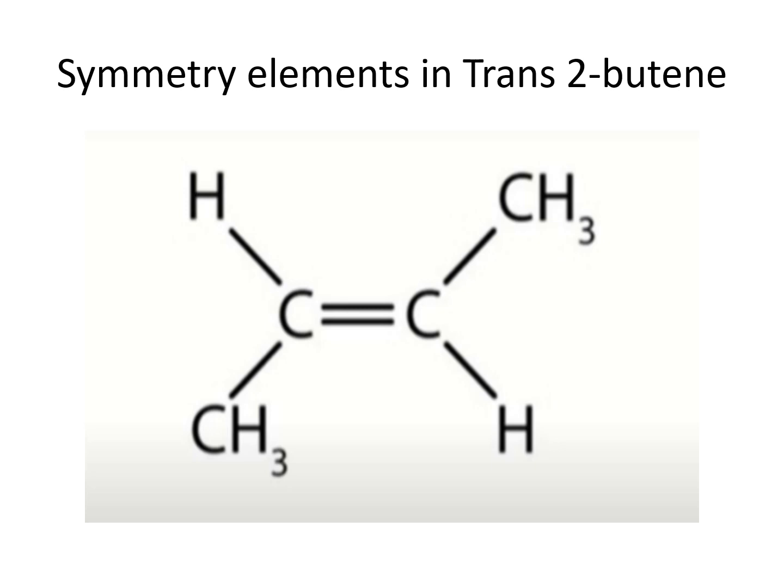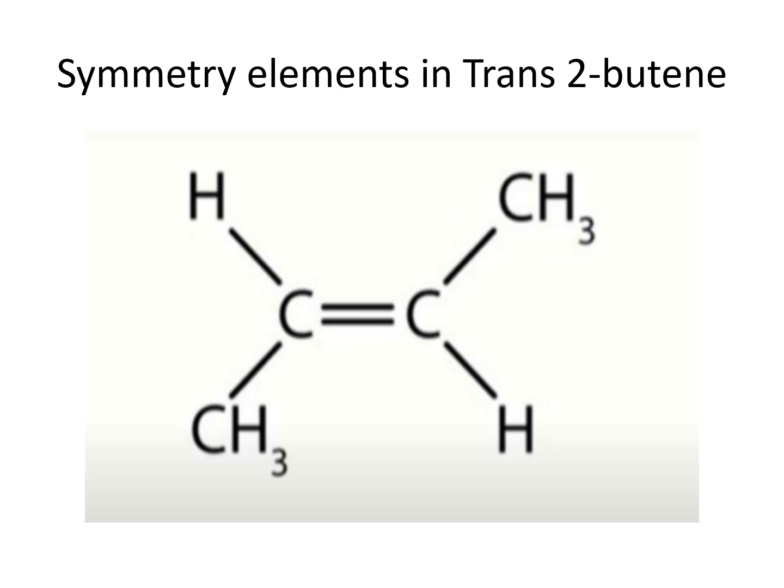And we know that an inversion center means that if we draw a point at the center of the molecule and move in any direction, we find an atom in that direction, so a similar atom should be present in the opposite direction. This is the middle point of the molecule. We find hydrogen over there, and exactly on the opposite side there is another hydrogen atom.